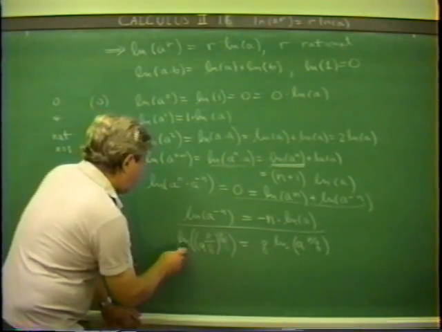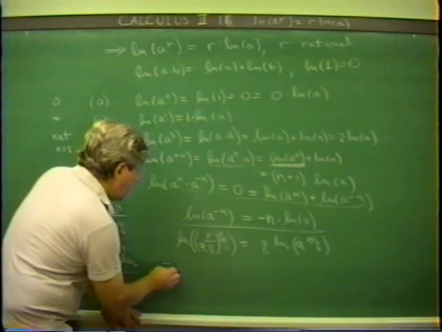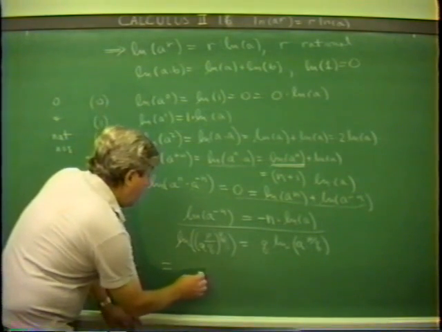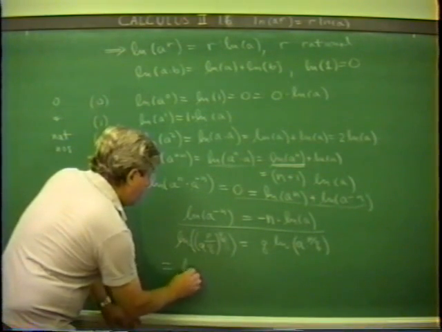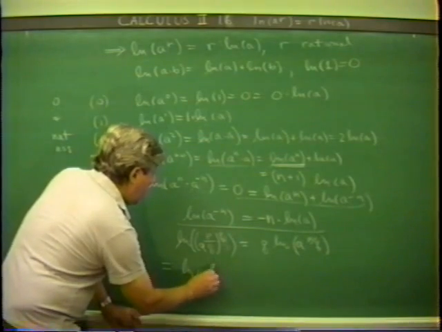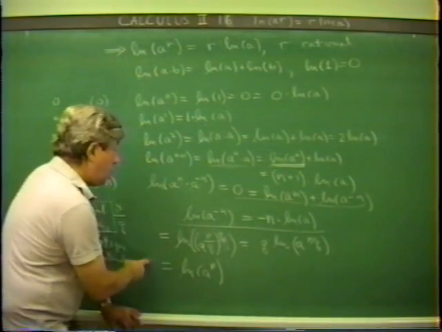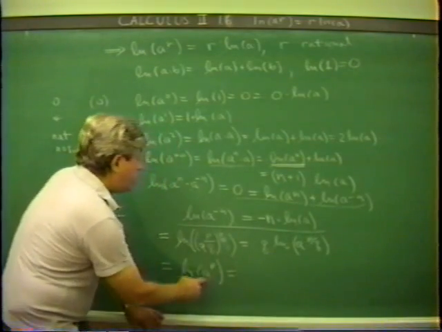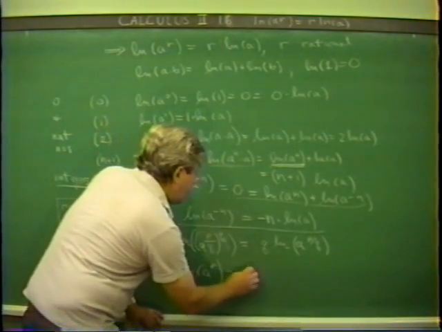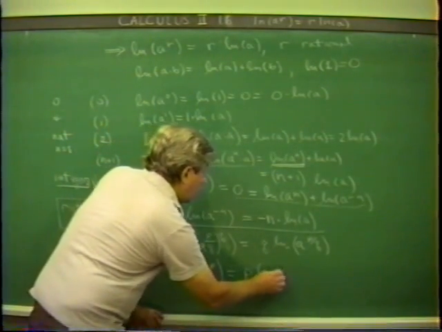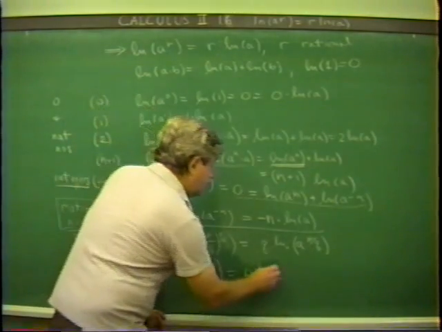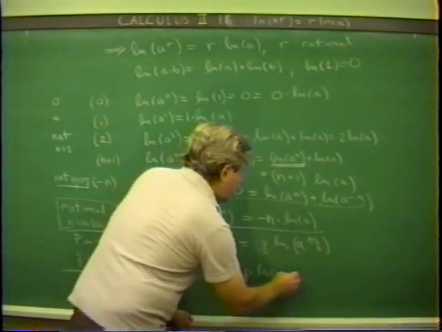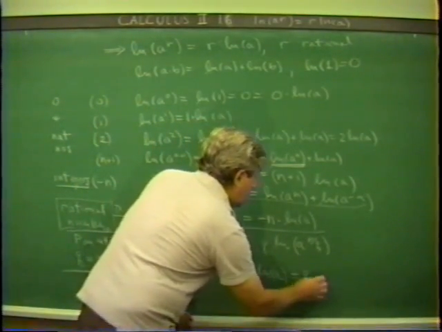And now, a to the p over q to the qth power, of course, is equal to a to the p. So this is the logarithm of a to the p also, which, since this is true for integers, is equal to p log a.